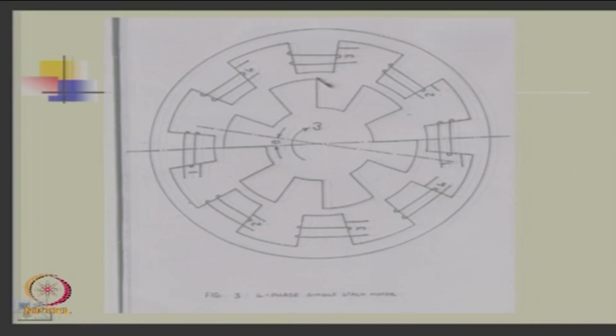There are some overlap angles: this is fully overlapped, this is partly overlapped between stator and rotor. Flux lines will go like this; this has almost no overlap, this is partly overlapped, this is fully overlapped. So each of the phases will have a different type of interaction with the rotor poles, okay.